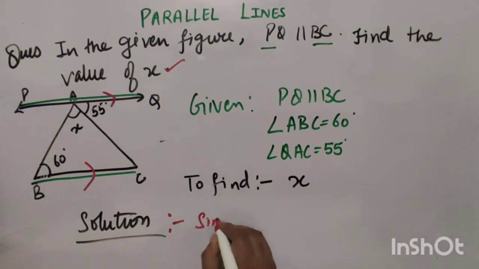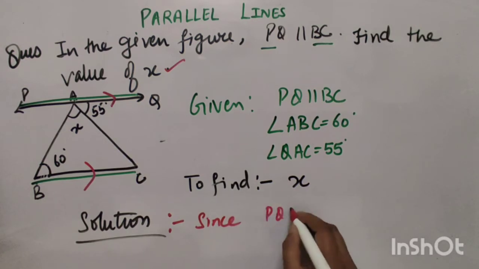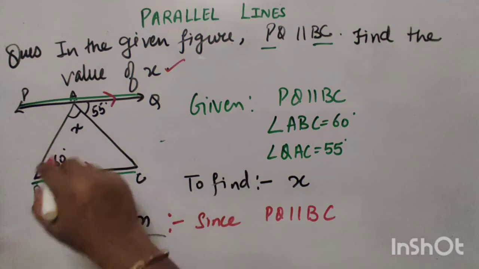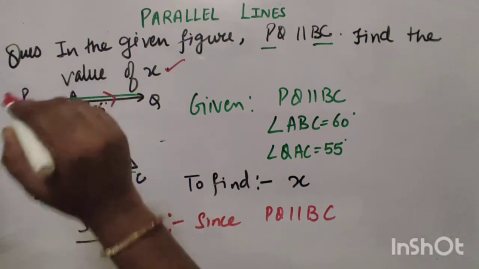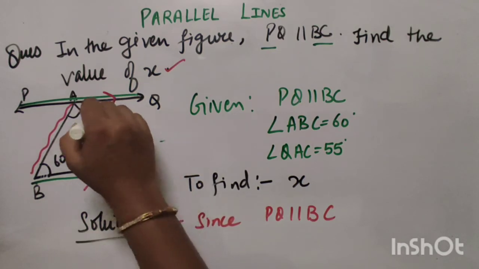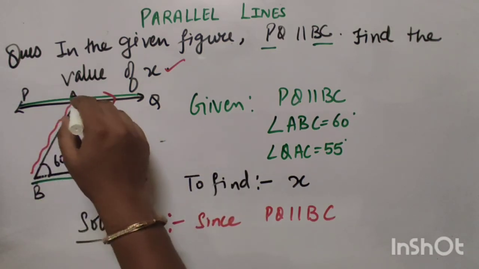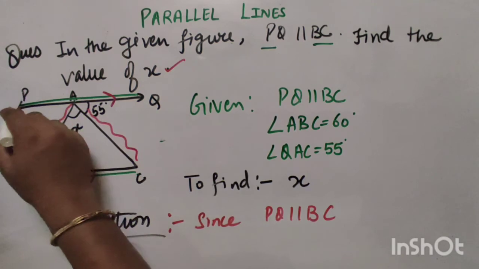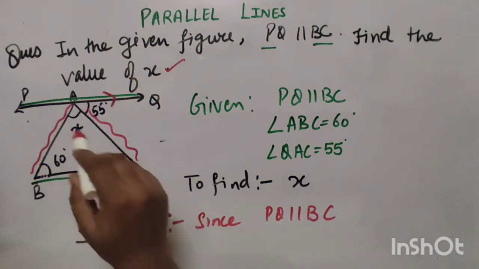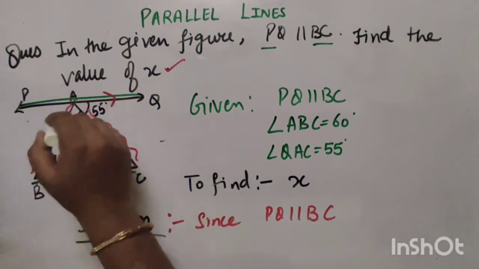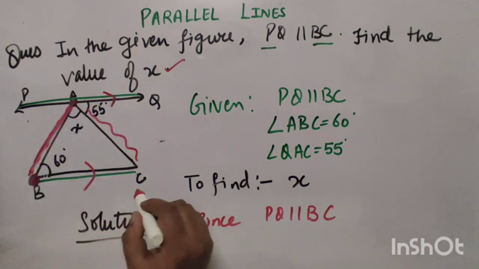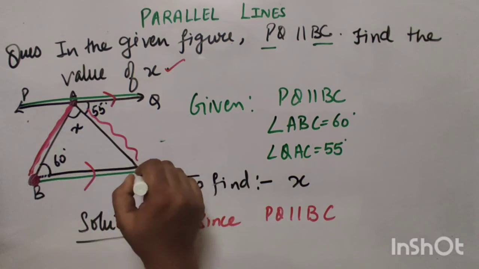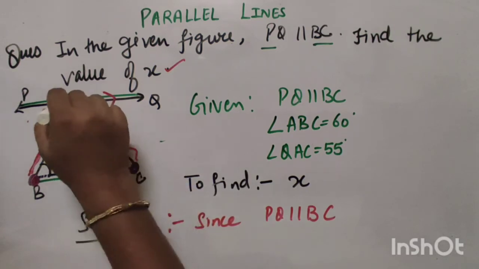Since PQ is parallel to BC, we can see here there are exactly two transversals. One is this and another is this. These both lines are intersecting lines PQ and BC at two different points, right? This line is intersecting at this point, and this AC is intersecting at the A and C points.